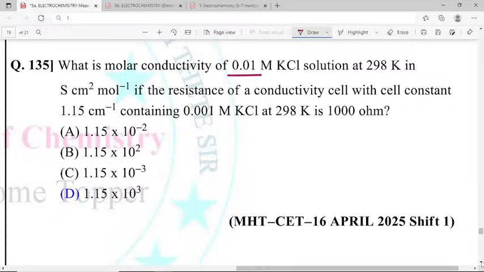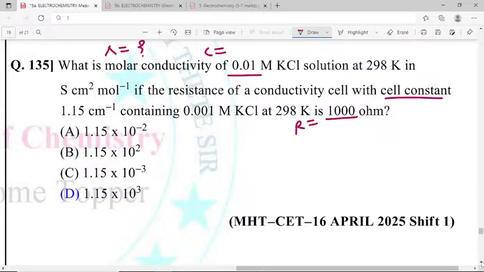What is the molar conductivity? So concentration is given. Molar conductivity lambda we have to calculate. Cell constant is given here, and here resistance is given. So this is the R value given here. So how to calculate?